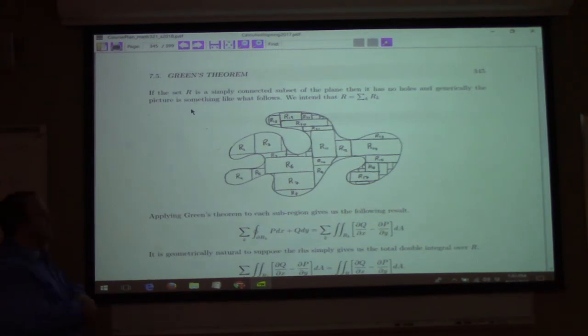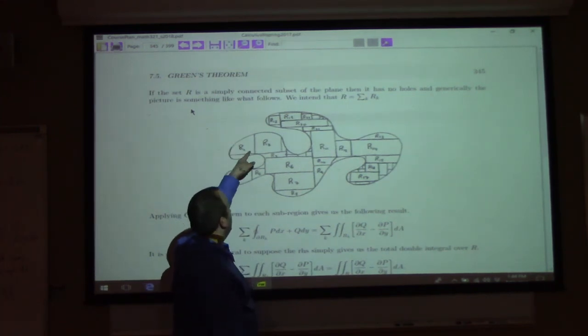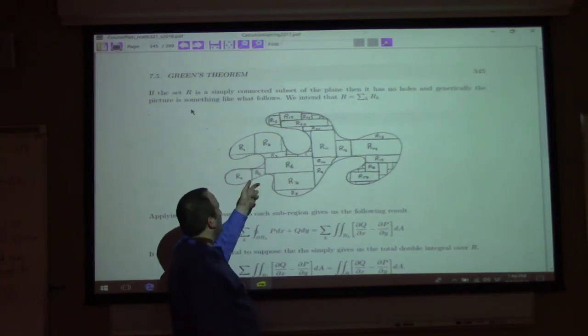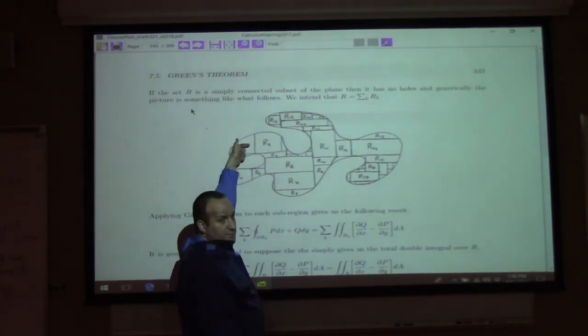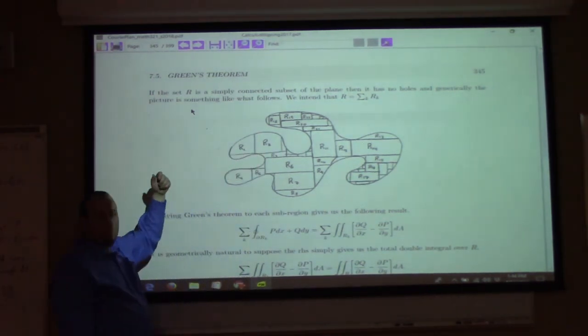So then the question is, I figured out what the flux is through, say, one of these rectangles for a given vector field. What happens if you think about the flux through, say, two of them, R1 and R2? So flux through R1, there's the piece that's out there, a piece that way, this way. But then in the interior, the flux this way from R1 and the flux that way through R2 are equal and opposite.